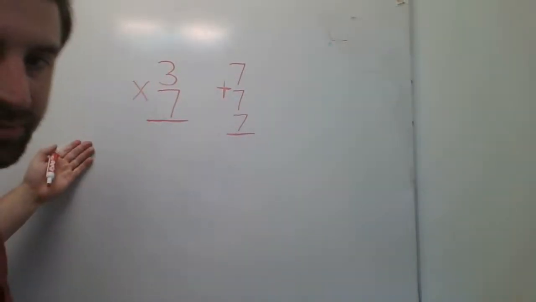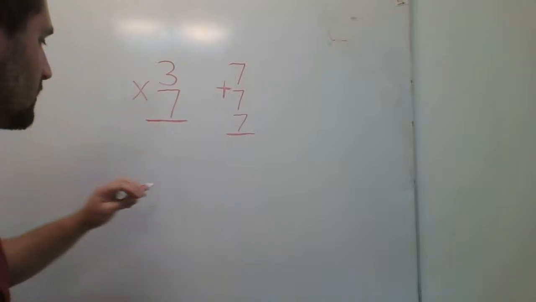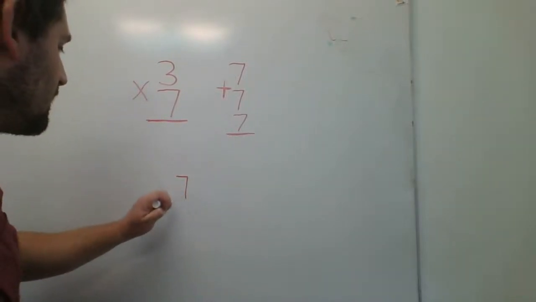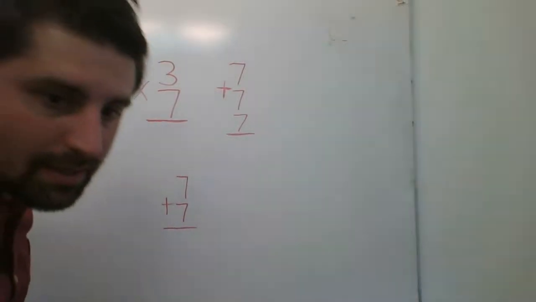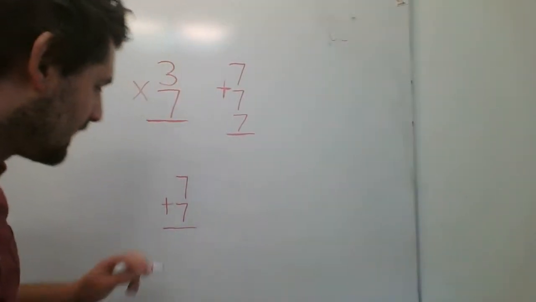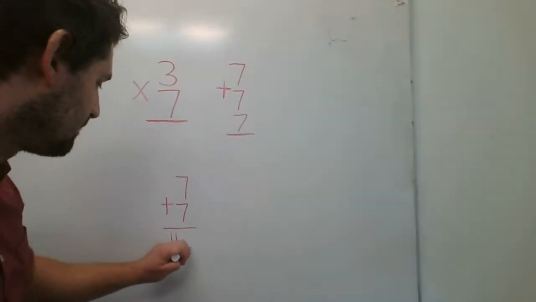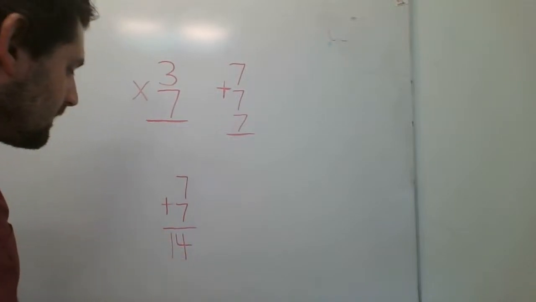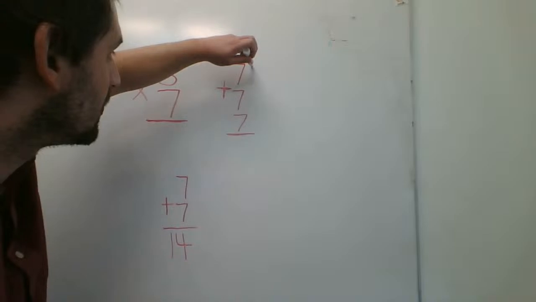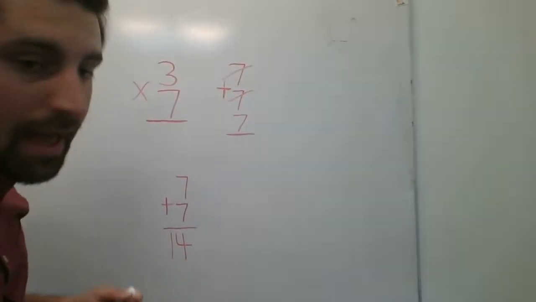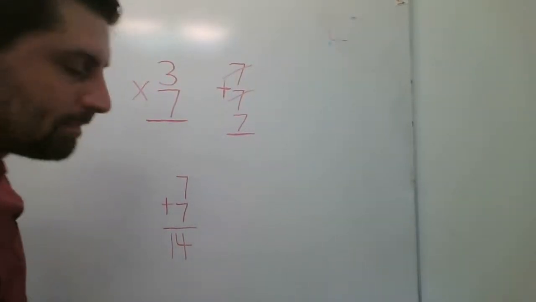So we're going to solve this problem using repeated addition. I'm going to start out simply adding 7 plus 7. 7 plus 7 equals 14. So I just added the number 7 twice. So now I'm going to add 7 one more time.